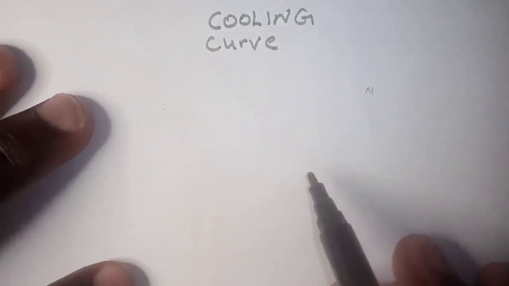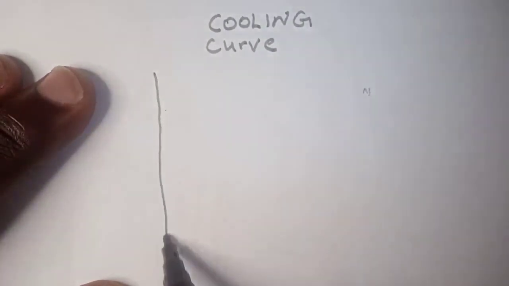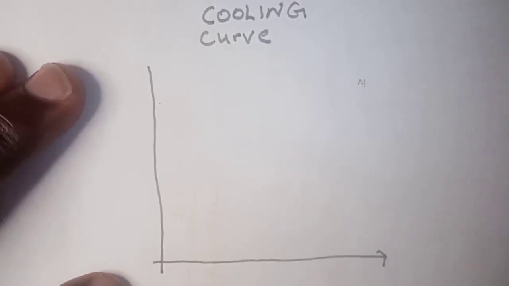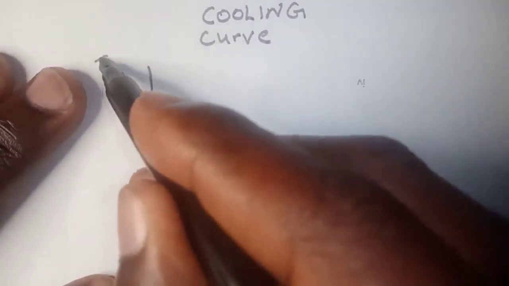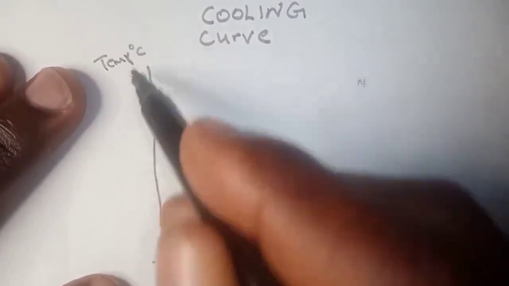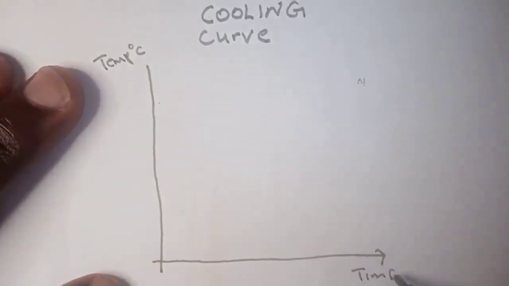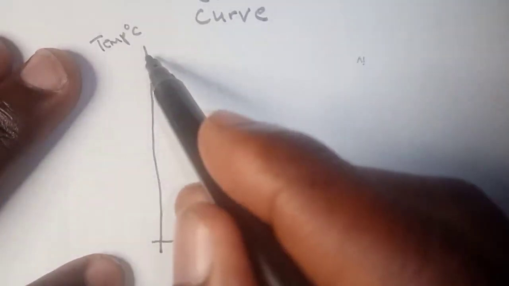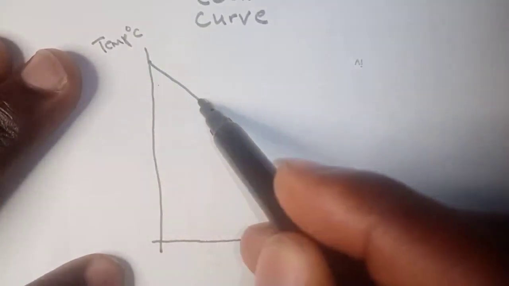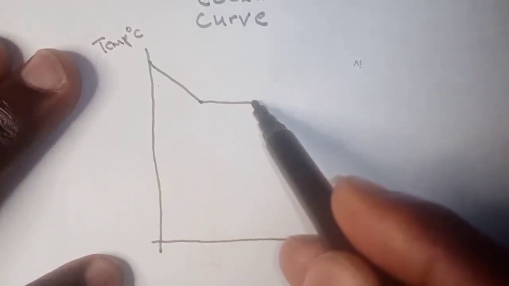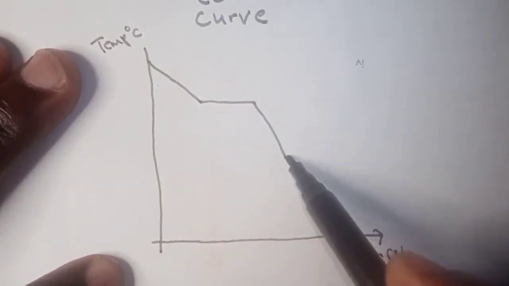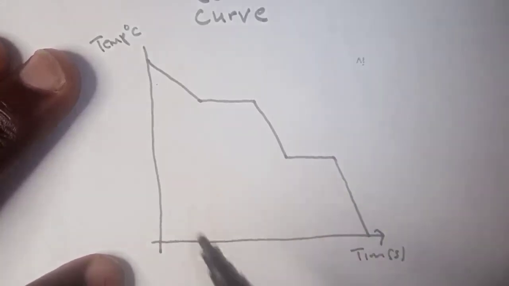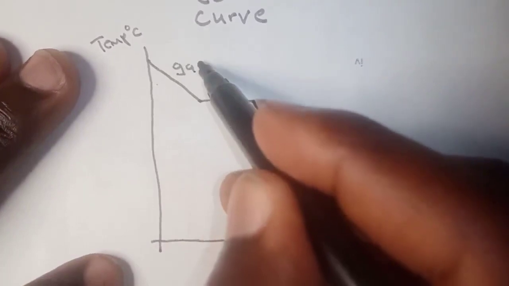For a cooling curve, you have temperature here in degrees Celsius, and time here in seconds. It starts like this, goes like this, and then comes down like that. Meaning it starts as a gas.